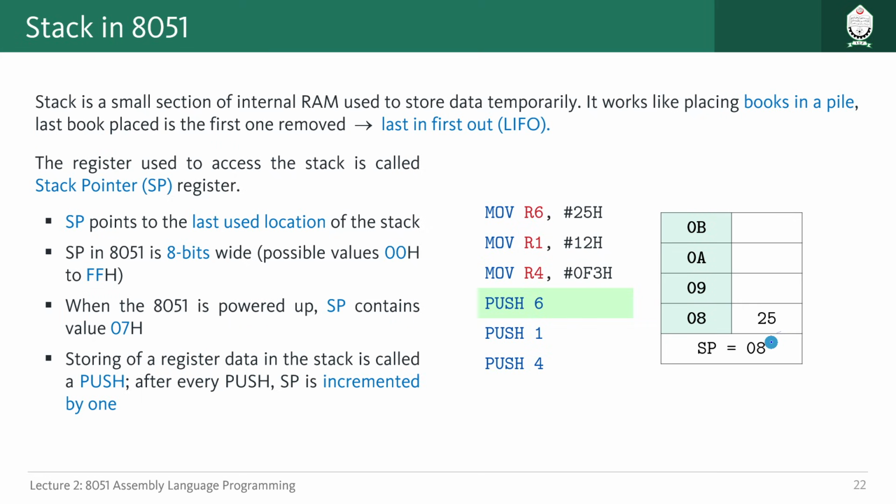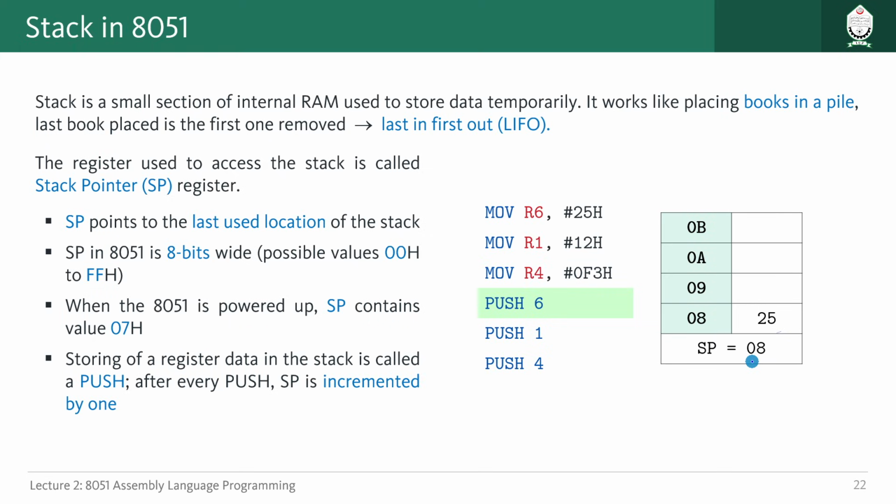As well, the value of the stack pointer has increased by 1. So right now the value of the stack pointer is 08. We know that the stack pointer always points to the last used location of the stack. The last used location of the stack is 08H, so that's why the stack pointer should now be 08.